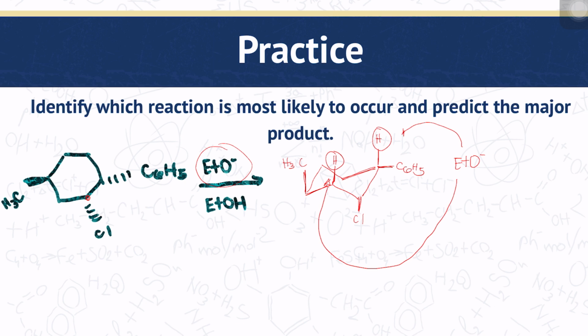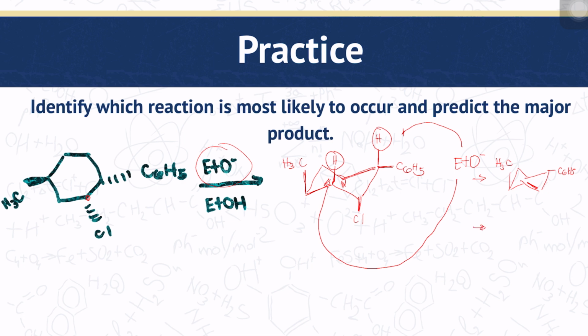So to better understand what occurs, we can draw both products. So one product would look like this. So if it attacks this hydrogen first, it'll form a double bond here. And then we have C6H5 and the methyl group. So that's one of the products.